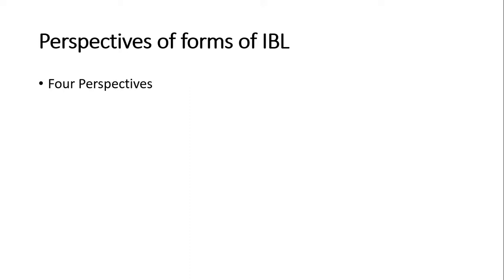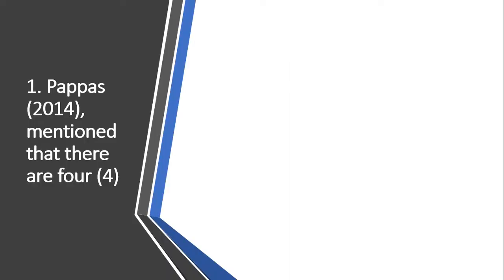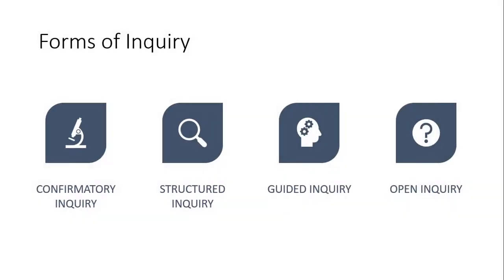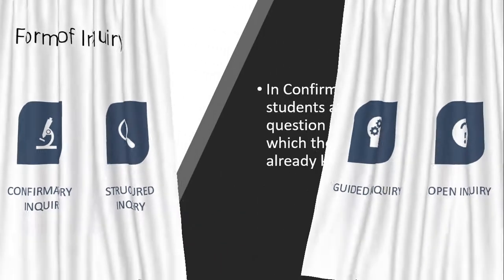In this lesson, we are going to consider only four different perspectives of what forms of inquiry are. Number one, Purpose 2014 mentioned that there are four different forms of inquiry, which include confirmatory inquiry, structured inquiry, guided inquiry, and open inquiry.